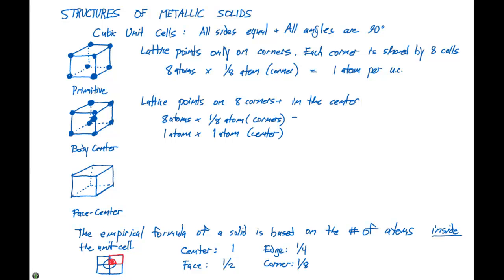So the 8 on the corners gives 1 atom in the unit cell. And then the one in the center also gives 1 atom in the unit cell. So these two combined gives 2 atoms per unit cell if we have a body-centered cubic.